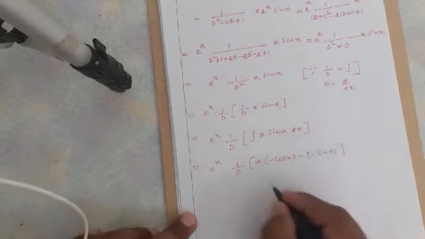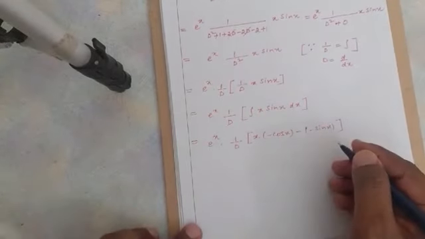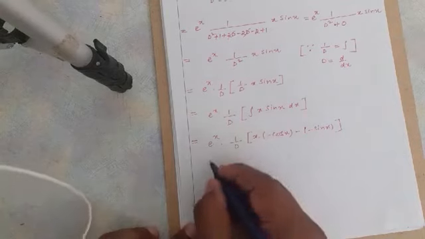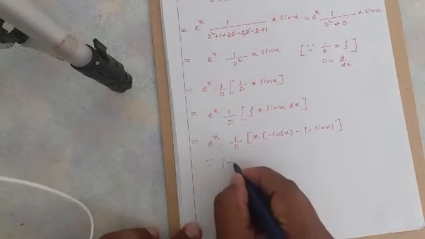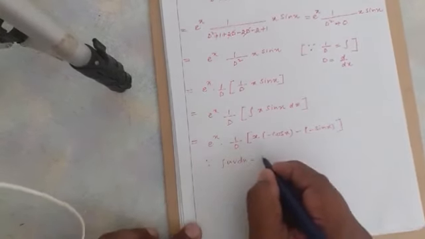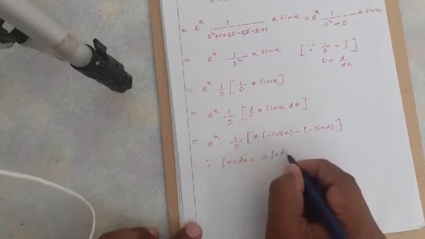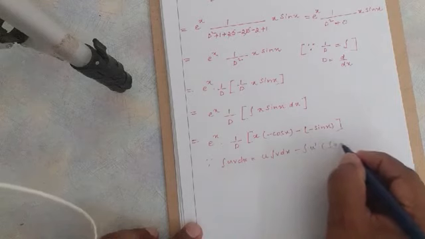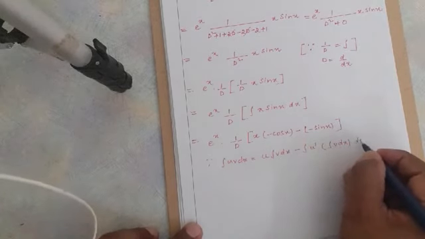Just close the bracket. If you want I'll write it out, if you don't understand. As you know, the formula is integral of u v dx equals u times integral of v dx, minus integral of u dash times integral of v dx, dx.